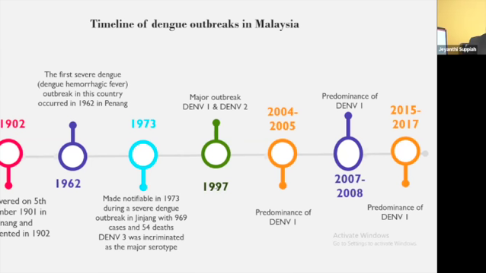Then in 1997, we also had major outbreaks. The causative serotypes were dengue 1 and dengue 2. After that, we had many subsequent outbreaks, including in 2004, 2005, 2007, 2008, and 2015 to 17. All of these were caused by a predominance of dengue serotype 1.